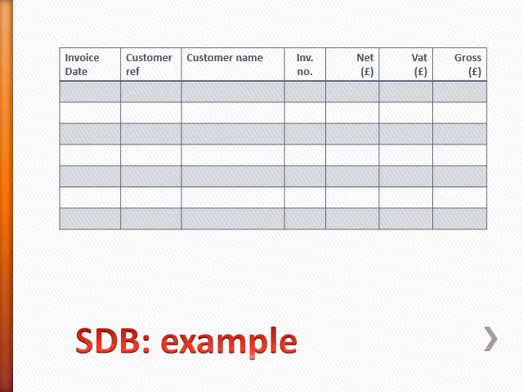Now that we've gone through that, let's have a look at an example of a sales day book. Basically, it's just a table of data. Here, the data that's going to be recorded is the invoice date, the customer reference and name, the invoice number, and the net, VAT and gross amounts, all of which can be taken from the sales invoice.